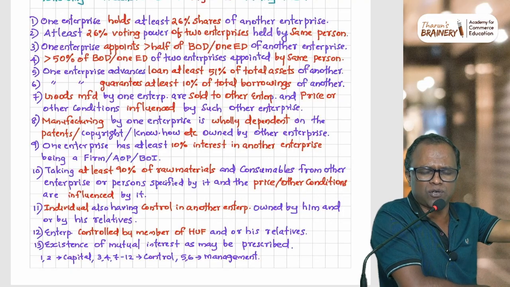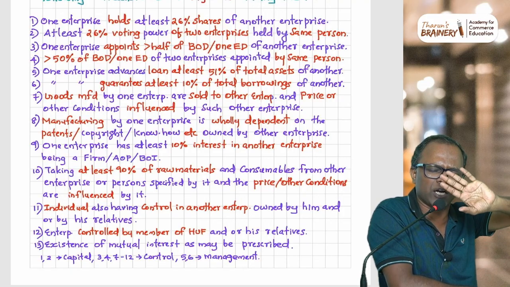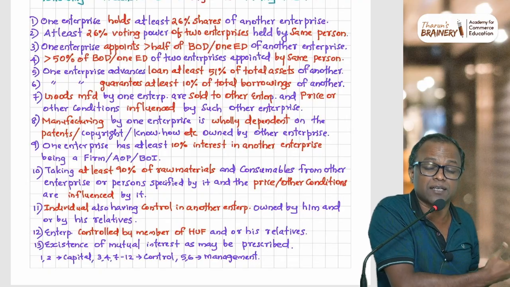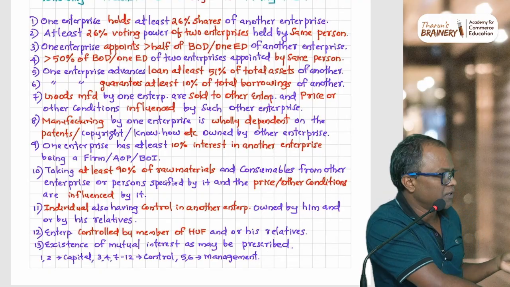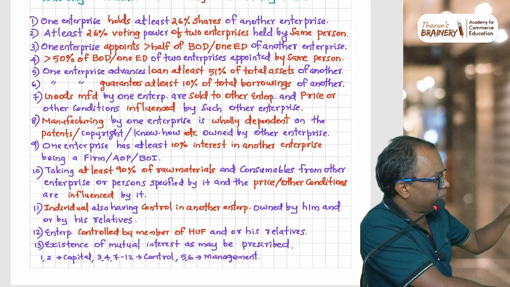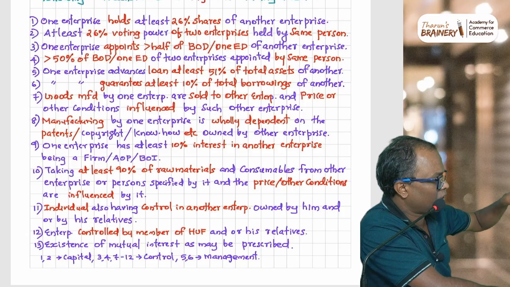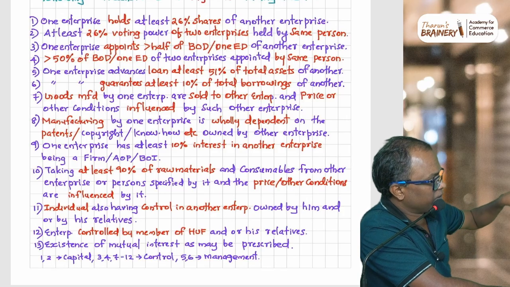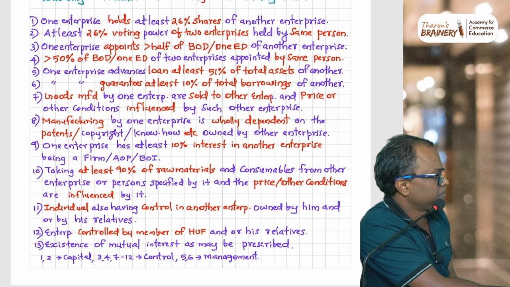So if the other enterprise one fine morning says that we are no longer giving you that intangible asset, then definitely this entity will be in trouble. So it is also a control. So engaged in manufacturing by one enterprise, wholly dependent on the patent or copyright or know-how, etc., owned by another enterprise, we can say that both of them are associated enterprises.